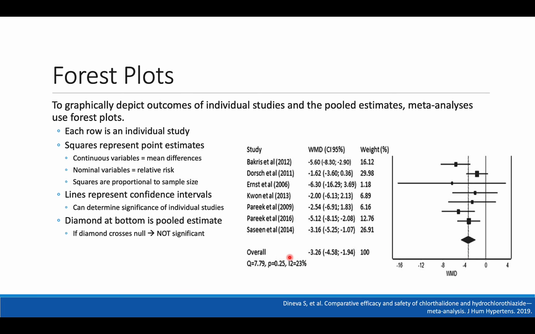And you can see that right here in this row. And then we know that it's statistically significant because the edges of the diamond here, which represent the 95% confidence interval, do not cross 0. So we know that that's statistically significant.